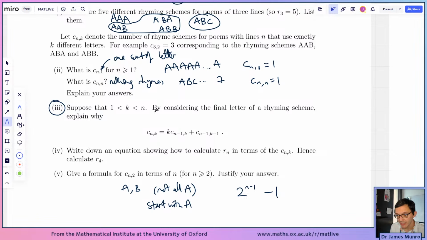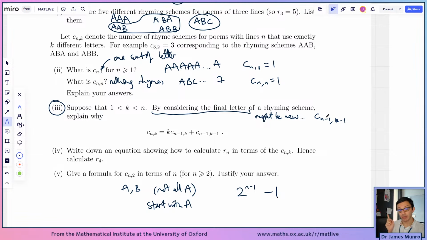The thing we're always doing here is to take some sort of logical idea for mutually exclusive cases and use that to count, breaking down the problem into these different cases. So the final letter of a rhyming scheme might be new, in which case the number of possibilities is just, well, on your previous n-1 lines, you will have used k-1 letters and then throw on your extra letter on the end, which has got to be the next letter of the alphabet because we're using A, B, C, and so on.